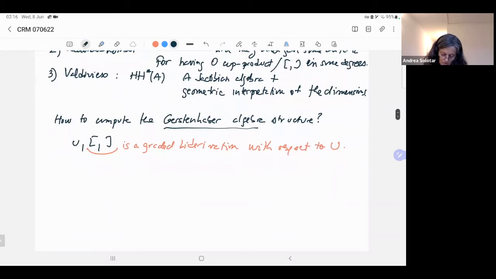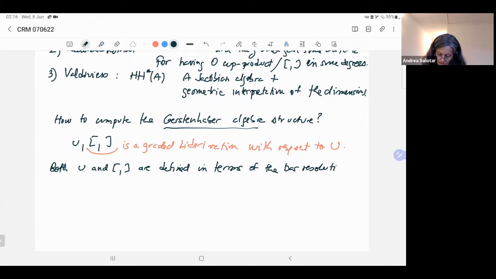Because both the cap product and the Gerstenhaber bracket are originally defined in terms of the standard resolution, the bar resolution of the algebra, which Hochschild gave for Hochschild homology and cohomology.